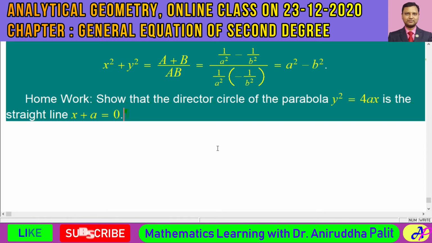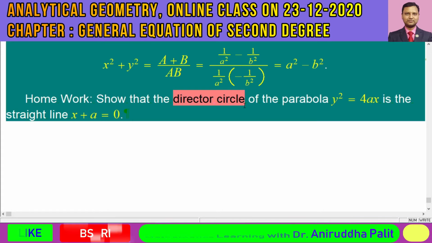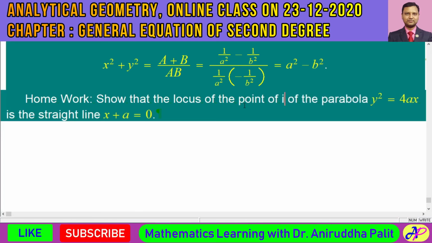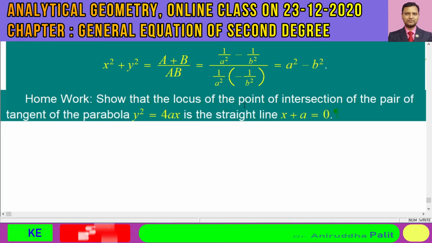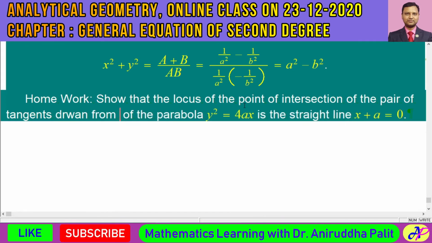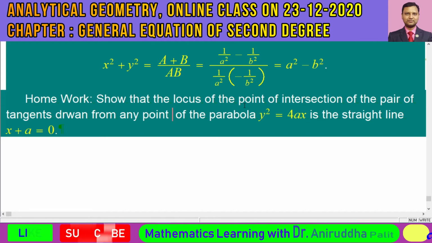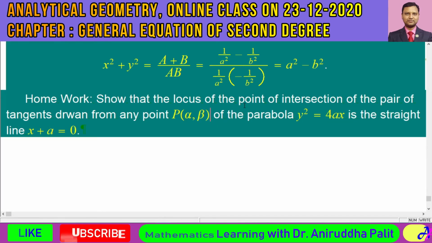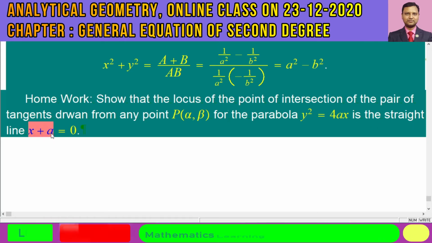Or sometimes in your exam it comes in the way that, just in place of director circle, the question comes in this way: show that the locus of the point of intersection of the pair of tangents drawn from any point P, maybe alpha comma beta, for a parabola, is the straight line x plus a is equal to 0, for the parabola y square is equal to 4ax. You see, P does not lie on the parabola.